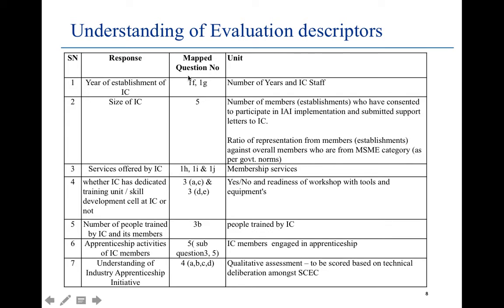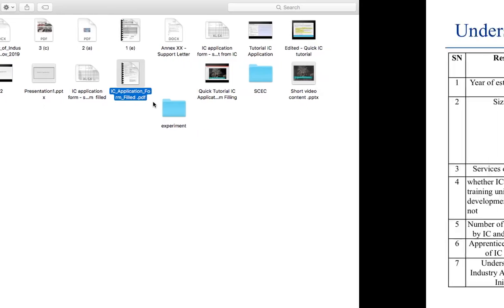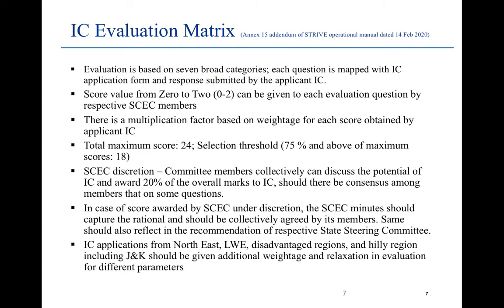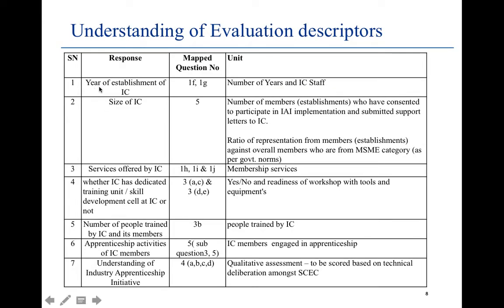There are 7 broad evaluation categories, such as years of establishment, size of the IC, and services offered by the cluster, and each evaluation category is mapped with the question number, and the unit description is also provided.